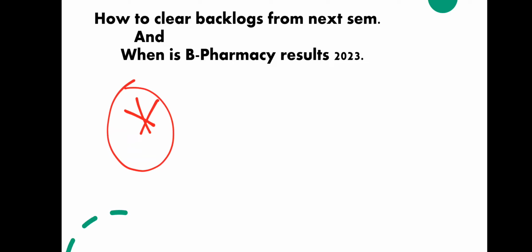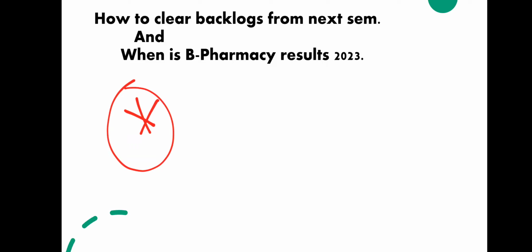This is 100% truth. You take anyone, because all the experienced candidates, they will take the question papers only and they will solve all of them. Okay, I am telling from myself, I will try to solve some question papers. Maybe from 6th semester I will start to solve the question papers. Are you getting what I am telling? This is our how to clear backlogs for the next semester.